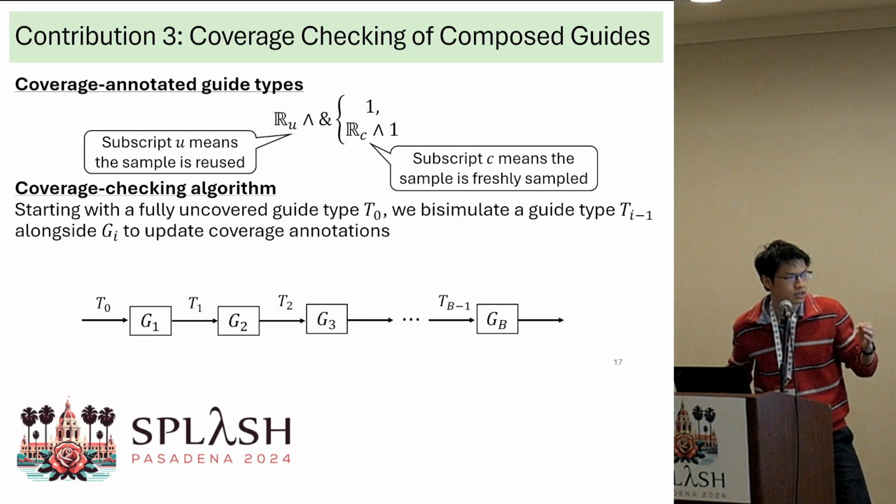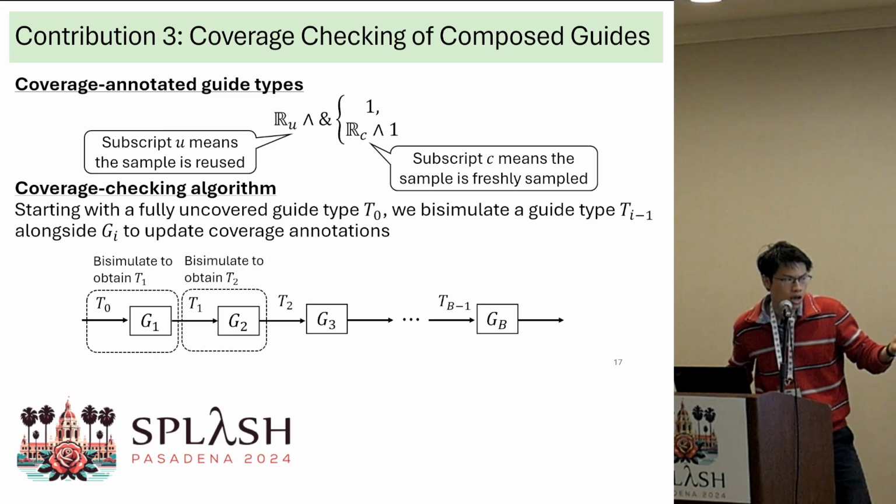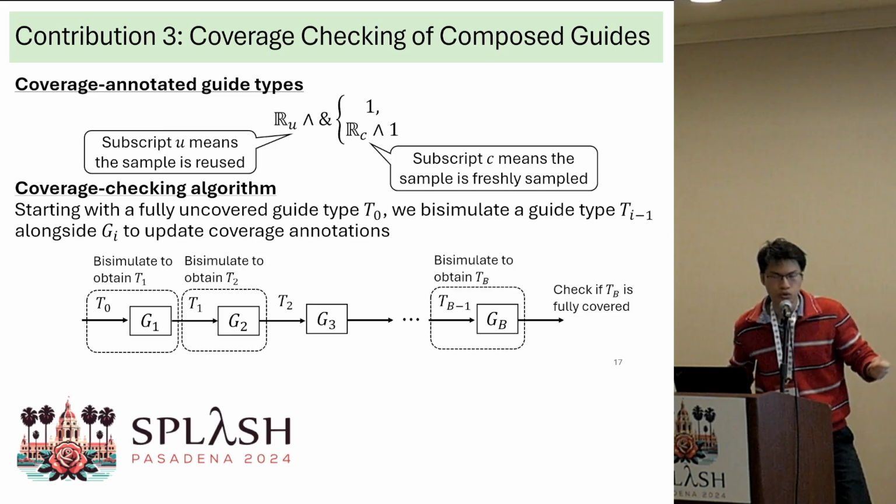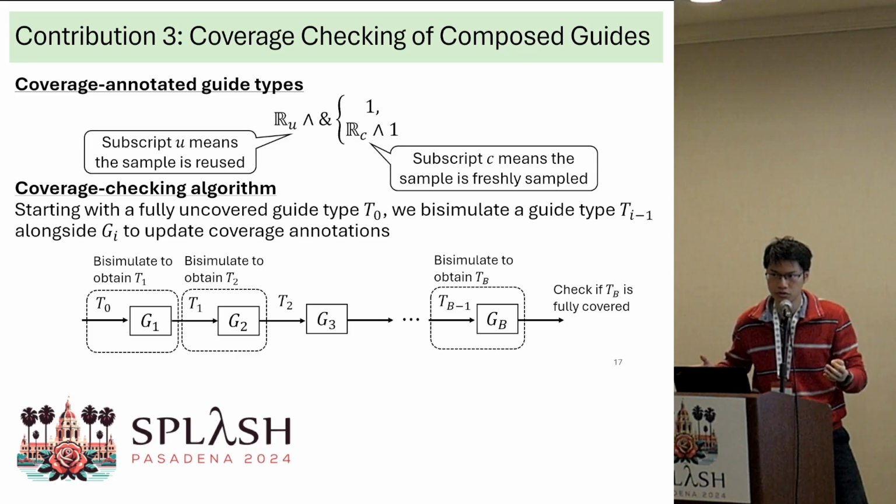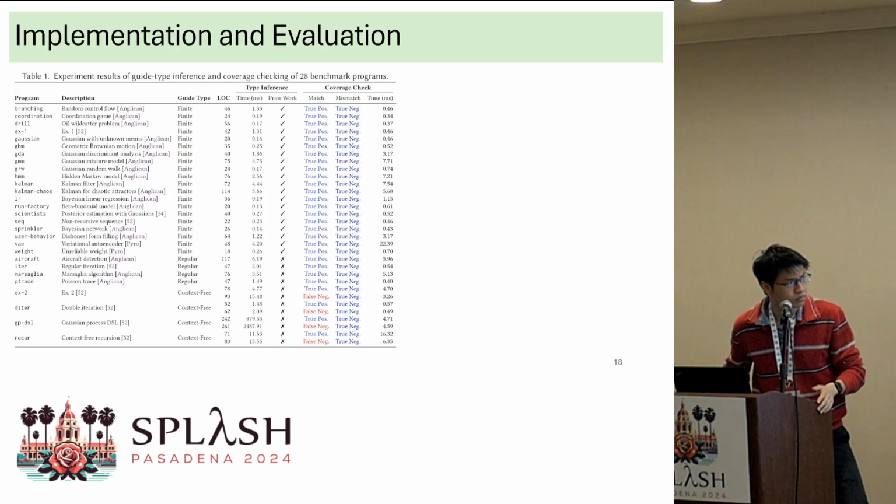And then, given a sequential composition of guides, we walk through them one by one to update the coverage annotations whenever random variables are freshly sampled in the current guide. And then at the end, we check the coverage annotations of all random variables to see whether they are all covered. And if that is the case, it means that all random variables are freshly sampled at some point during the sequential composition, which means that the BMH is sound.